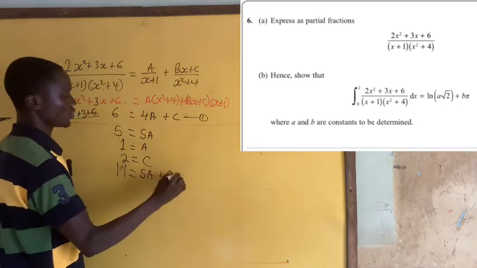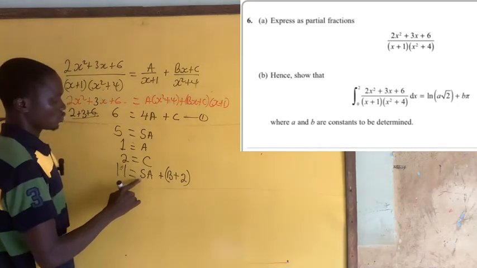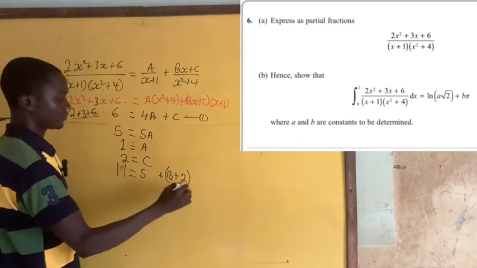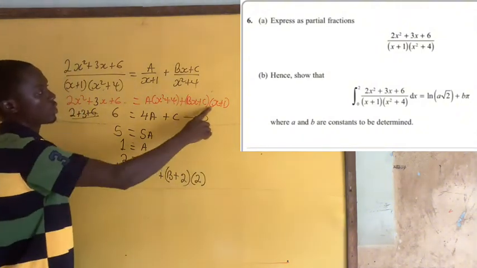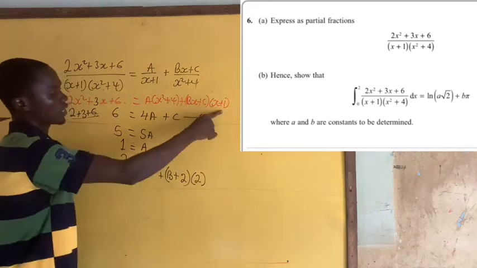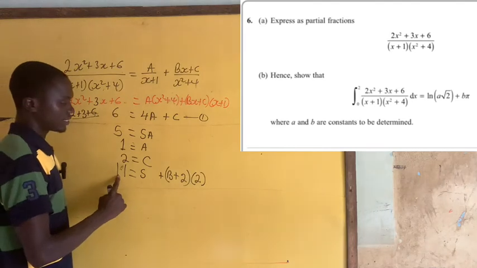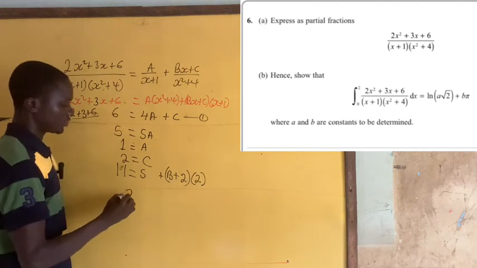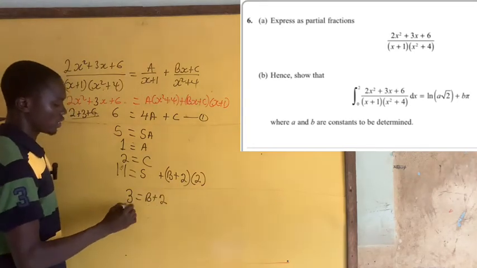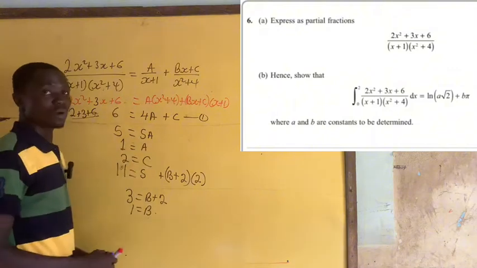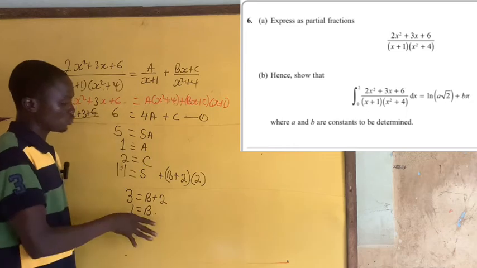C is 2, and A is 1, so 5 times 1 is 5, and 1 plus 1 is 2. We take 5 from 11 to get 6 and divide by 2 to get 3 equals B plus 2. We take 2 from 3 to get 1 equals B. That is it, so you can go through it step by step to reach here.